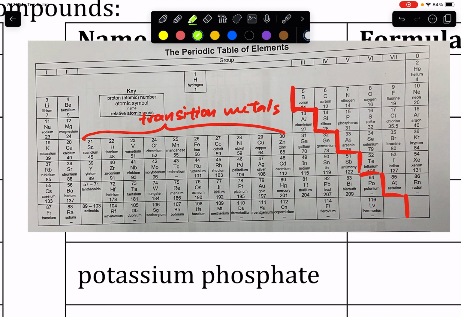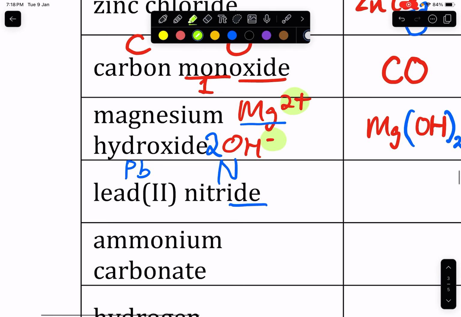Lead can be found here and nitride here. Lead belongs in group 4, which we typically say do not form ions, right? But we notice that lead is down far enough below that it is very clearly a metal, and it actually tends to form an ion of charge 2 plus, and that is written here.